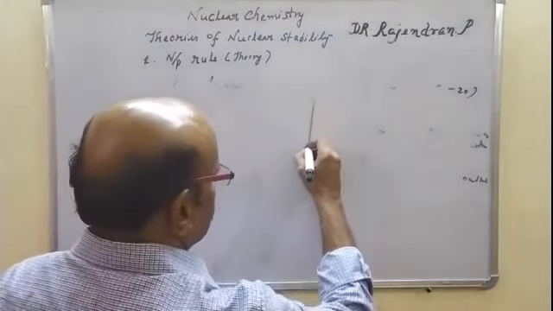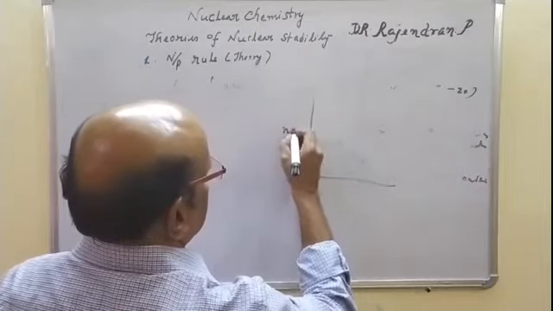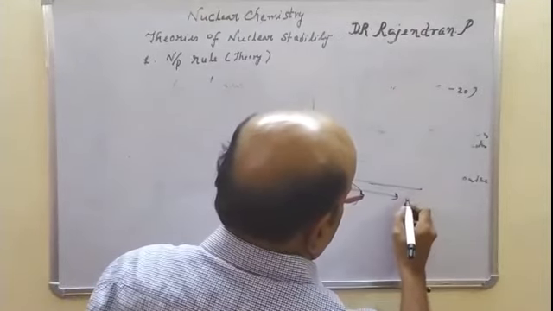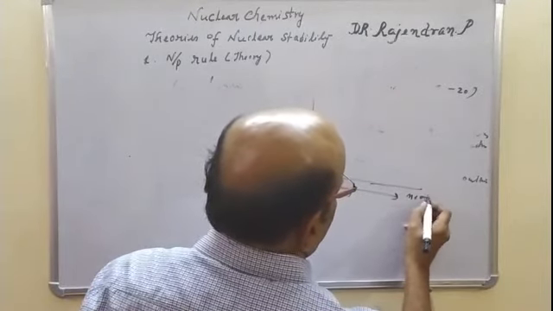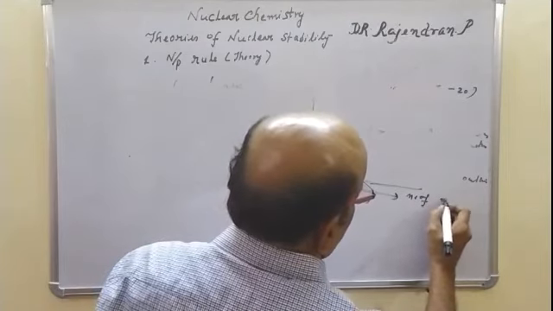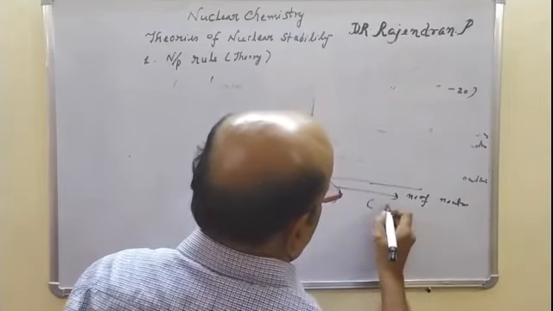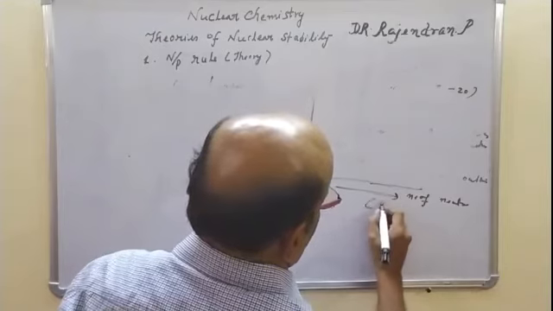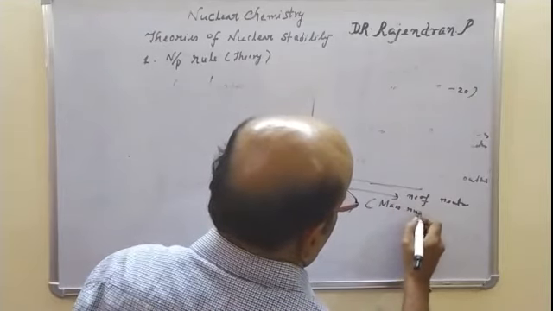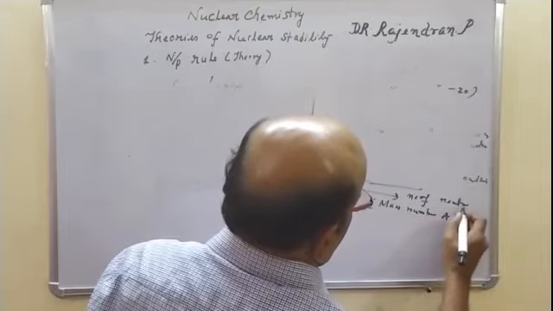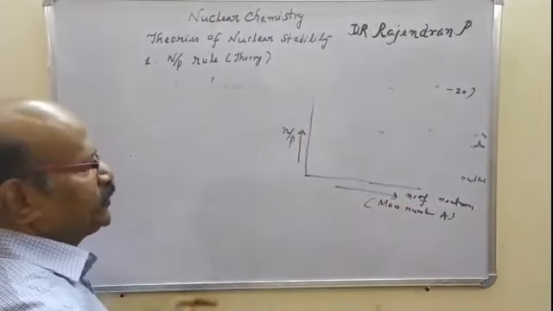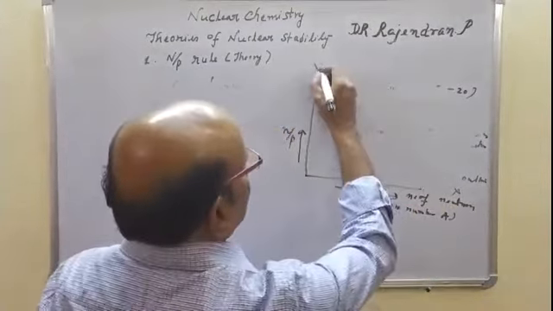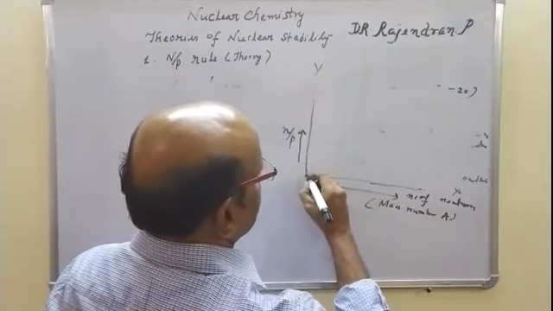If we plot N by P as the y-axis against mass number A or number of neutrons, both are correct, the y-axis is the N by P ratio value and the x-axis is either the number of neutrons or mass number. The plot is like this.